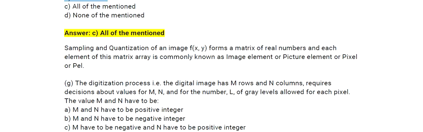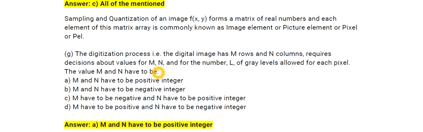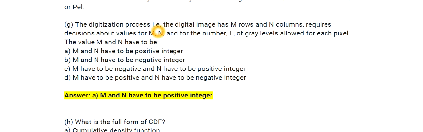Then next question, the digitization process, that is the digital image has m rows and n columns, requires decisions about values for m, n and for the number L of gray levels allowed for each pixel. Then these m and n values should be what?